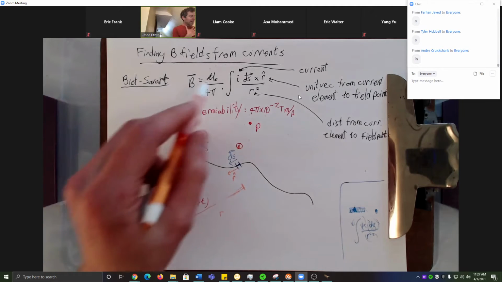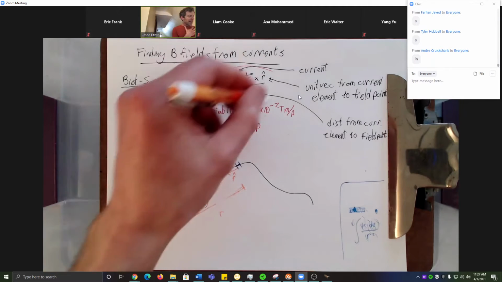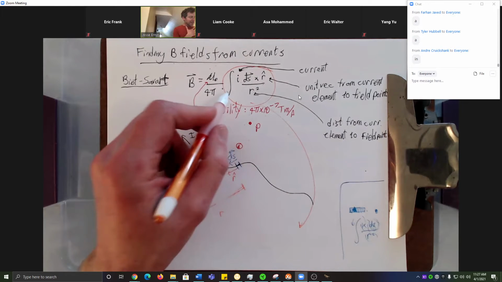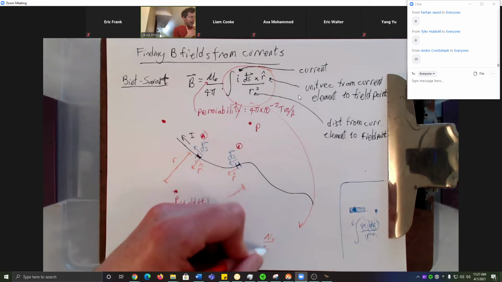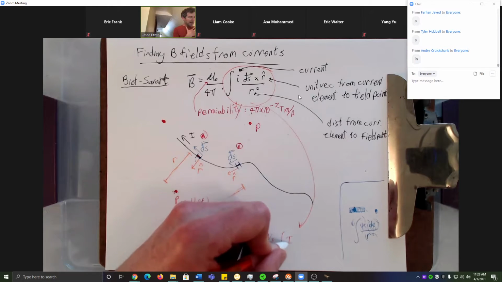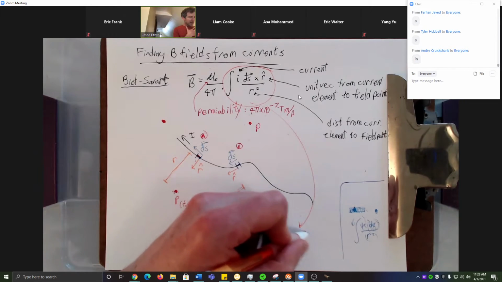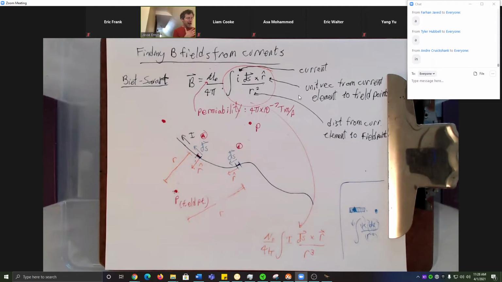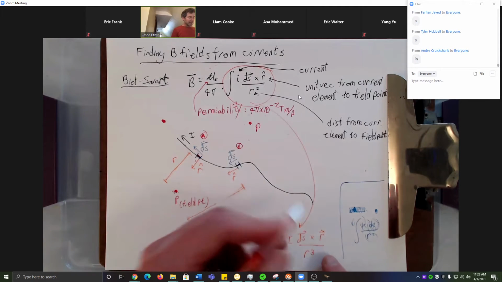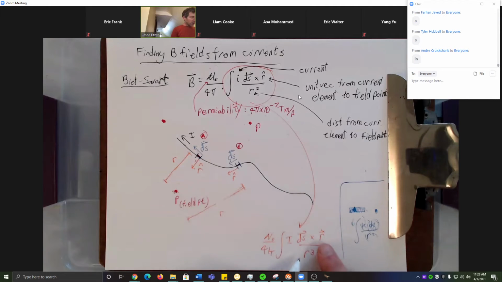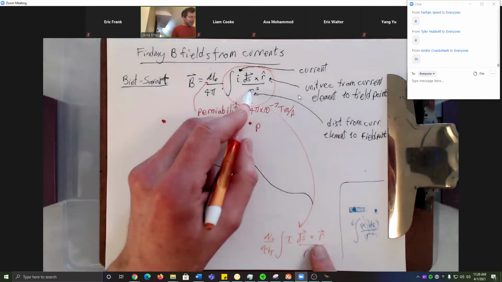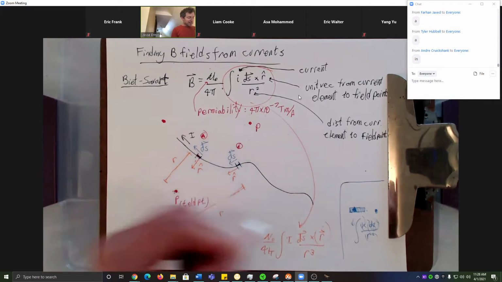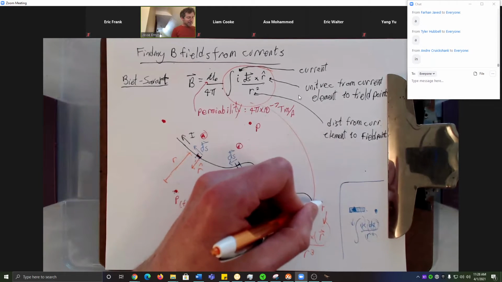Okay, one thing to be careful of: some books, and I can't remember which books do it this way, will write this as mu naught over 4 pi integral I ds vector cross r vector over r cubed. I find that a more confusing way to do things, but this is the same as that because the r vector, the vector from here to here, is equal to r hat times r.